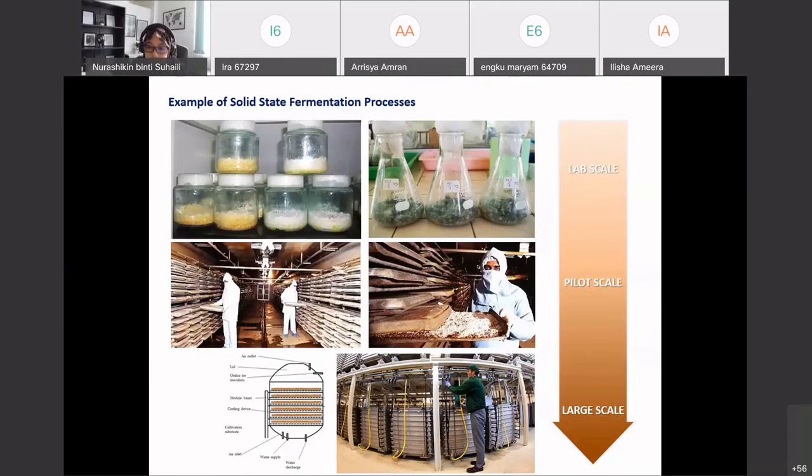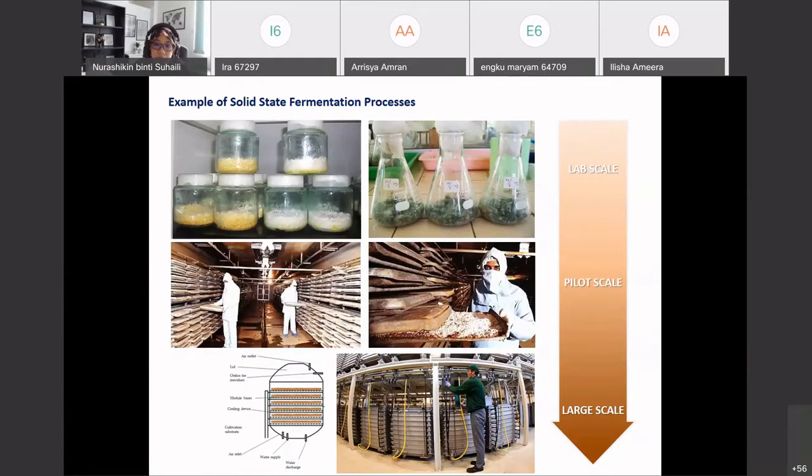You can see that at the pilot scale, the solid state fermentation is carried out using trays. You put all the substrates, the solid particles, and the microorganism on the trays, and there are lots of trays. And of course, the environment is different, like the temperature control and the aeration.